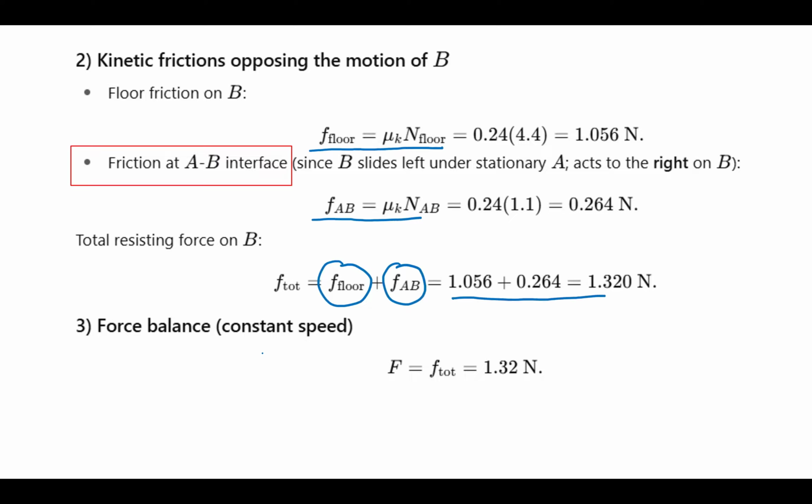And then in order to balance for constant speed, that means a equal to 0, note that F is in this direction and the friction is in this direction, such that F minus F total is m_B a, and this becomes 0, so that we have this relationship, and then you can find out the force.